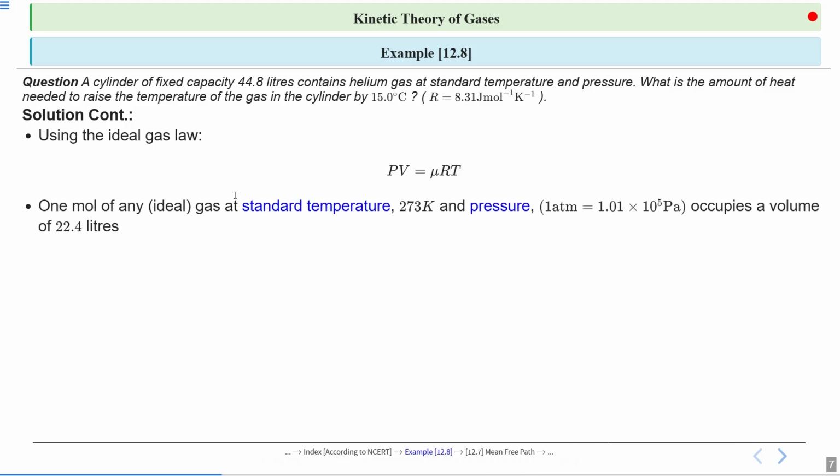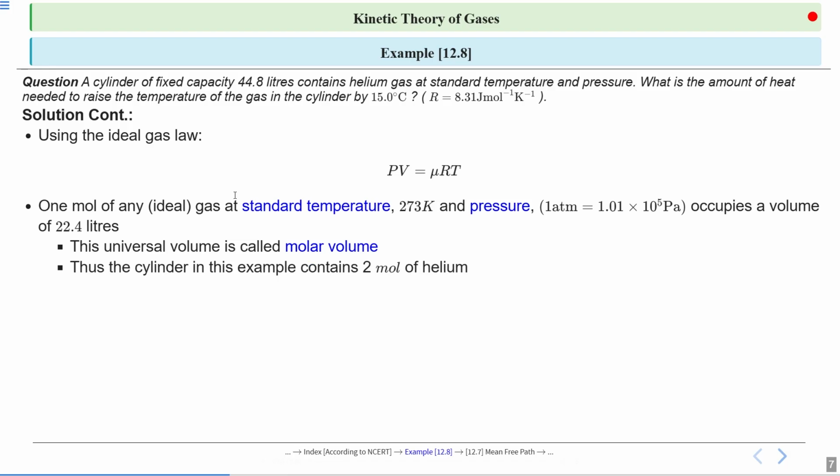At standard temperature and pressure, 1 mole of an ideal gas occupies 22.4 liters. This is known as the molar volume. It's a useful concept because it allows us to calculate the number of moles in a given volume of gas under these conditions. So this universal volume is called molar volume.